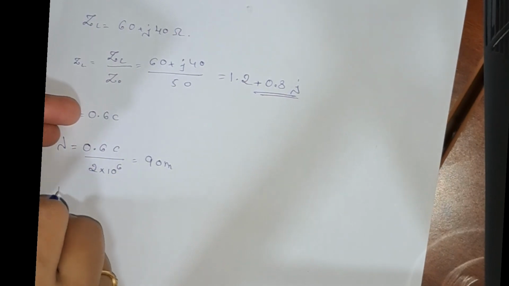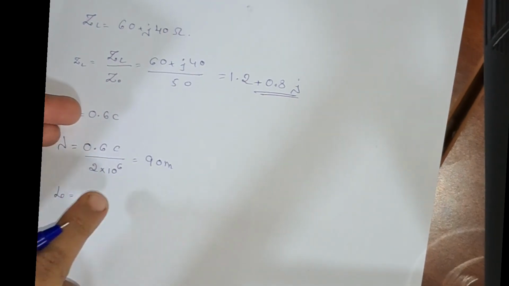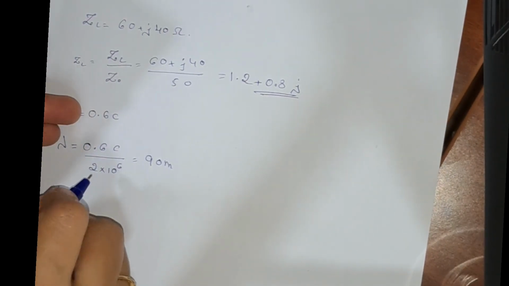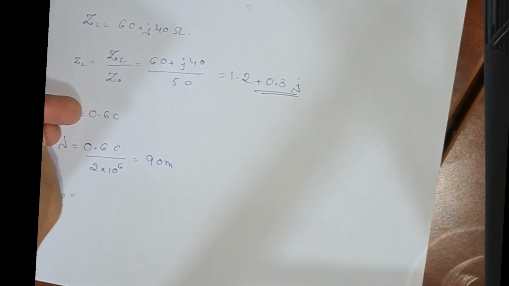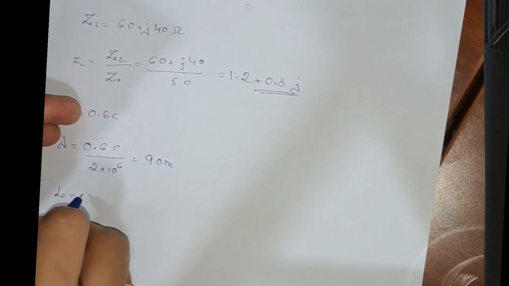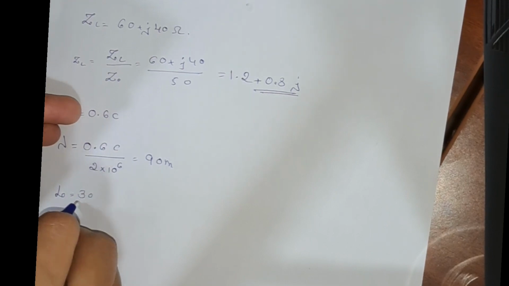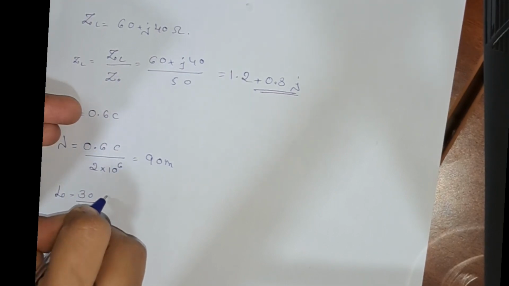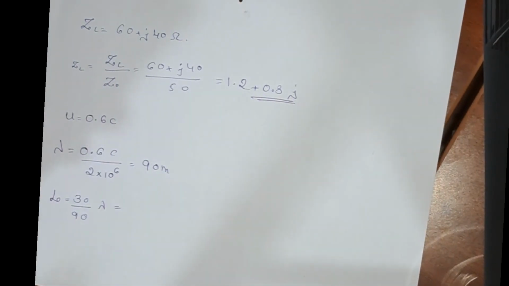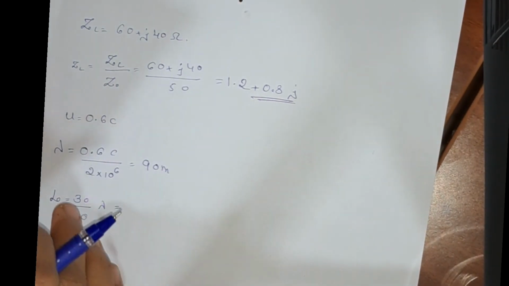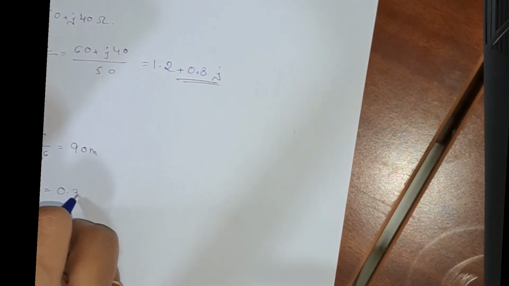So what is the length of your transmission line in terms of lambda? That will be 30 divided by 90 lambda, which is 0.333.